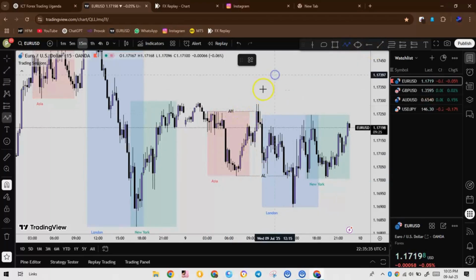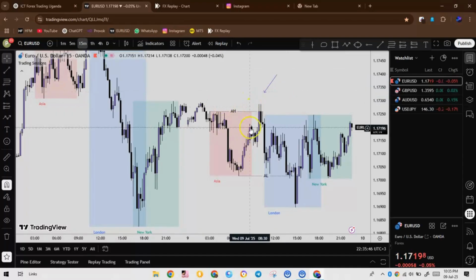So when price took out the Asian high, as you can see, it took it out here, you're looking for shorts. Since it has taken the Asian high, it's going to take the Asian low next.